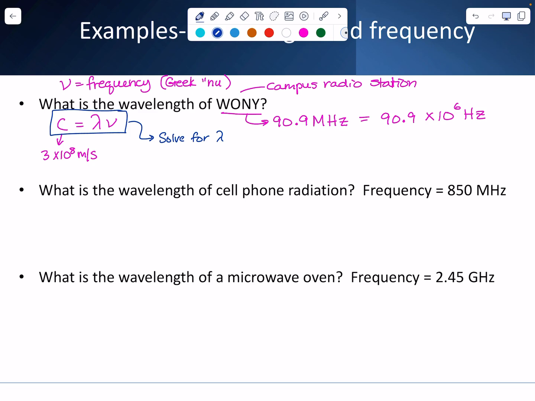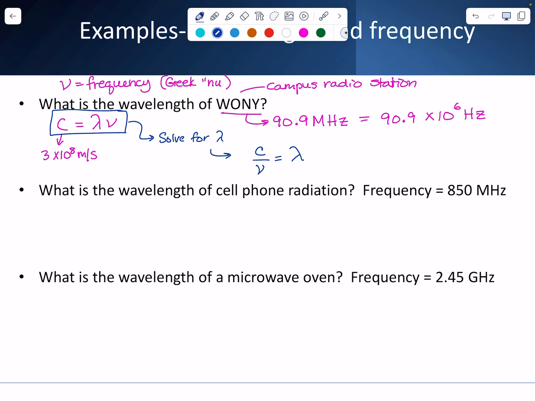So we divide both sides by nu, because you can do the same thing to both sides of an equation. That means the speed of light divided by nu is equal to lambda, because when we divide by nu, that cancels out.